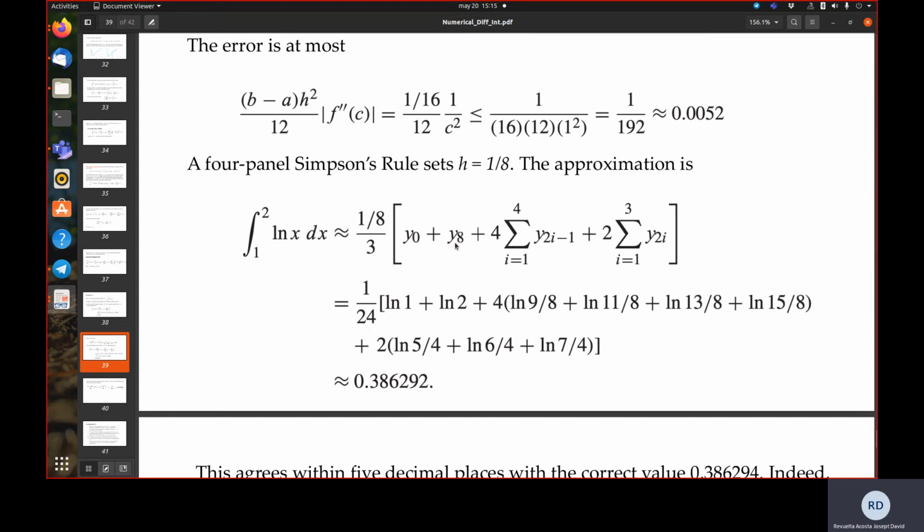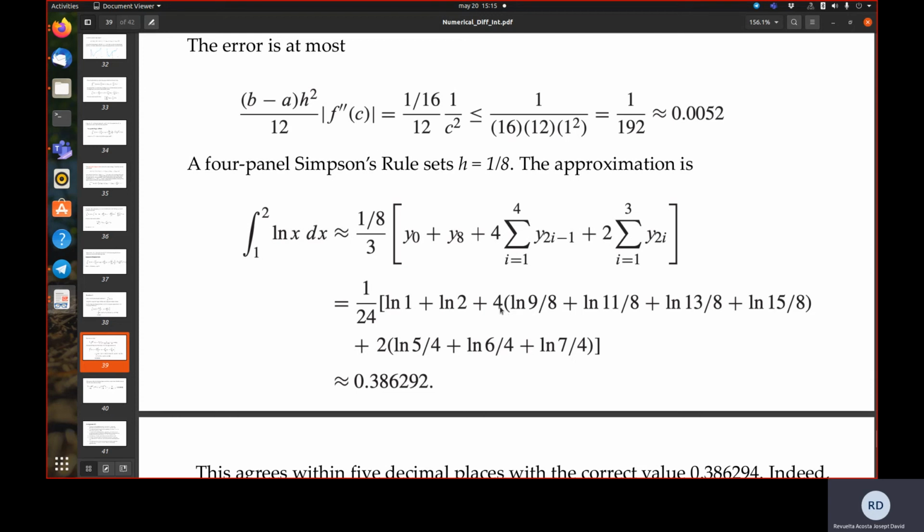This is log of 1, log of 2. Why? Because this is the upper and lower limit. Pretty straightforward. So then we have here the combination. If you think about it, we will have all the values from the second step.